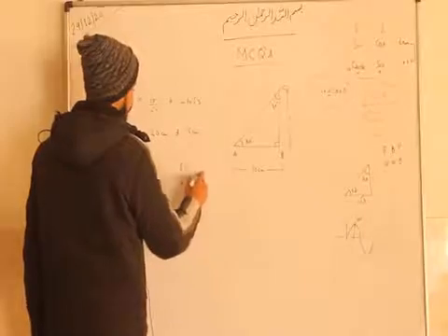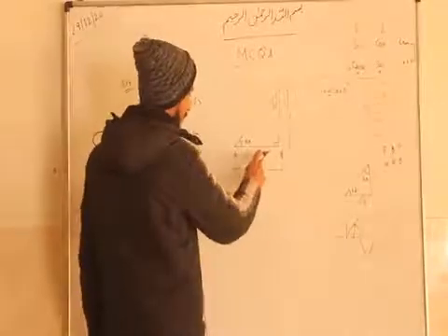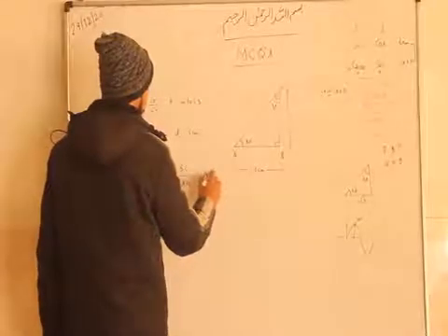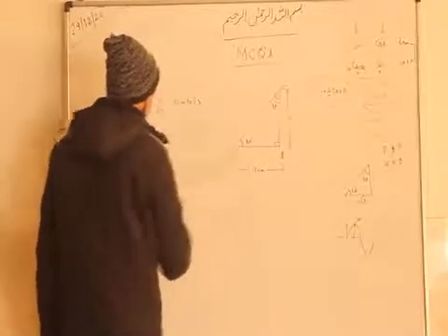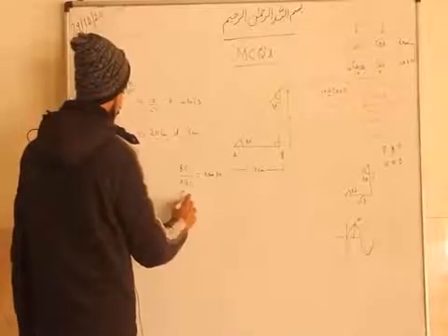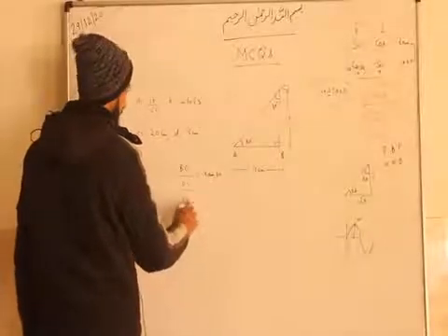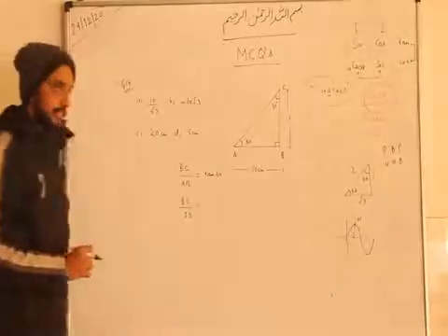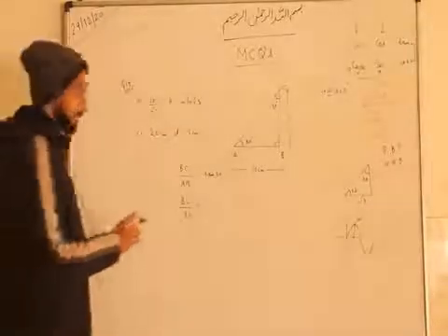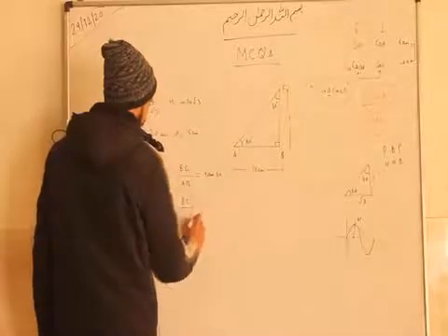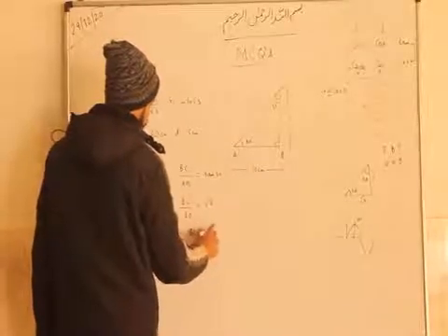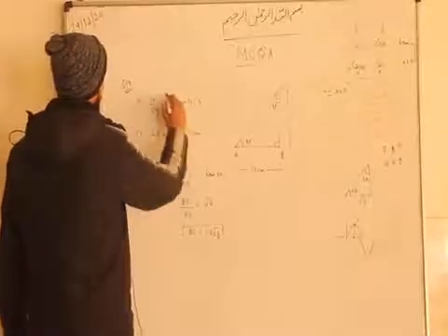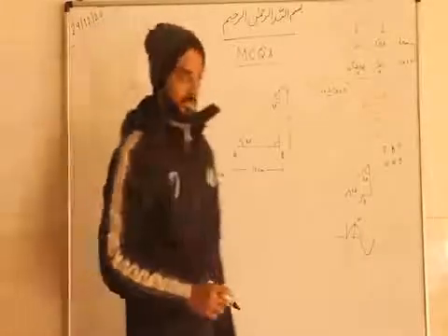So BC upon AB, perpendicular upon base, for this angle is tan 60, right? So BC we have to find, and this AB is 10 centimeter. Now put the value of tan 60. So tan 60 is root 3. Good. So BC is 10 root 3. So B is the answer.